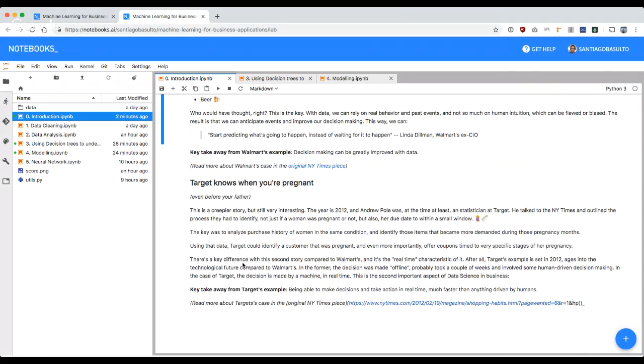It's actually a little bit on the edge of privacy. But Target did it, and they were using a prediction model to offer these women coupons and offers based on their needs.